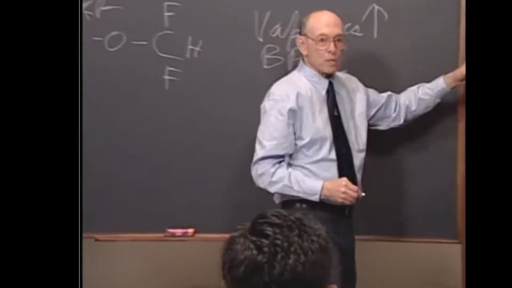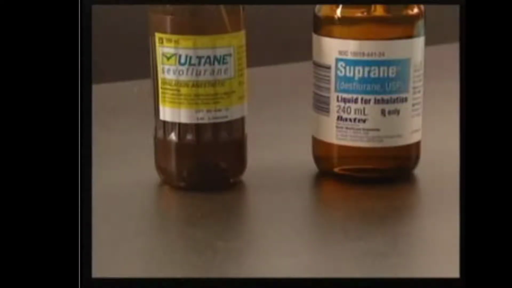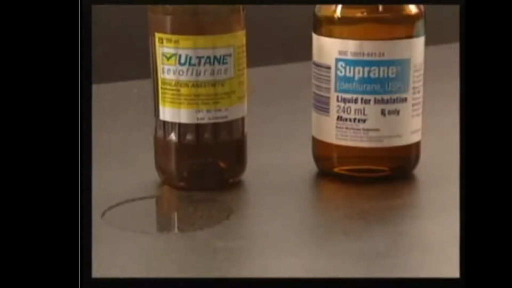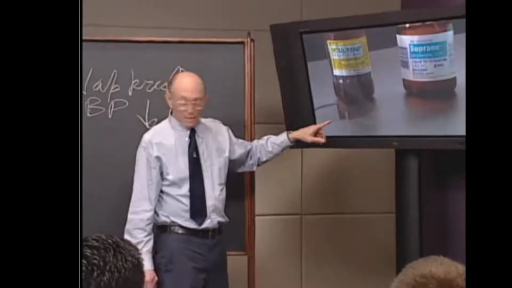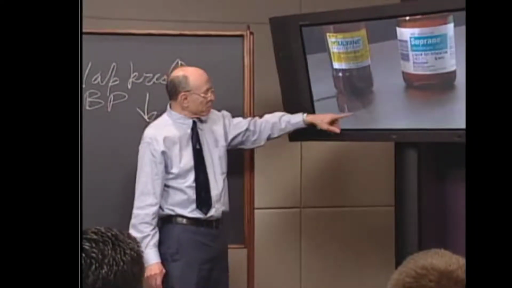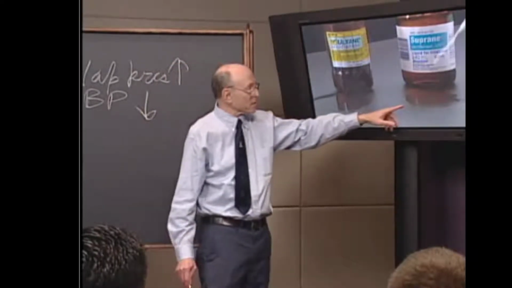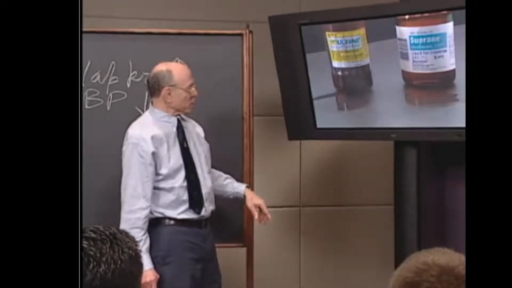And we have an illustration of that, which we'll see on this plasma screen. So we've got sevoflurane, and we've got Suprane. That's Quinn's hand, injecting some sevoflurane right on the tabletop there. And now he's injecting some desflurane. And watch the difference between these two.